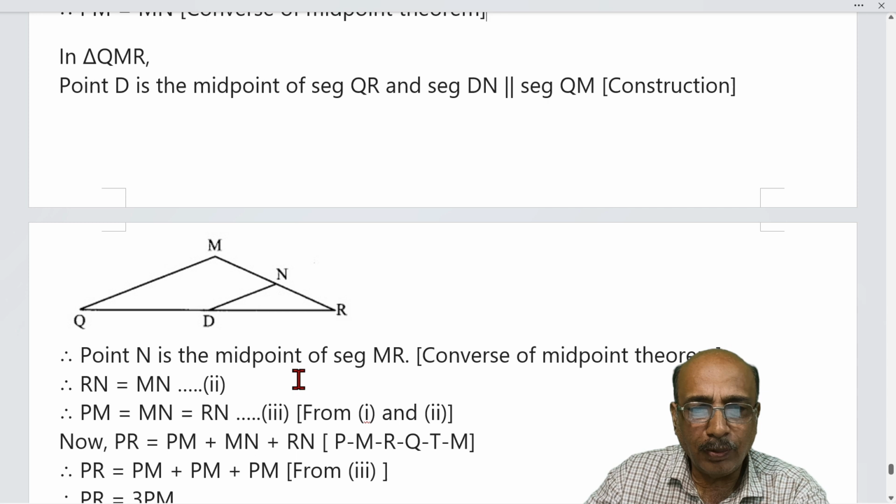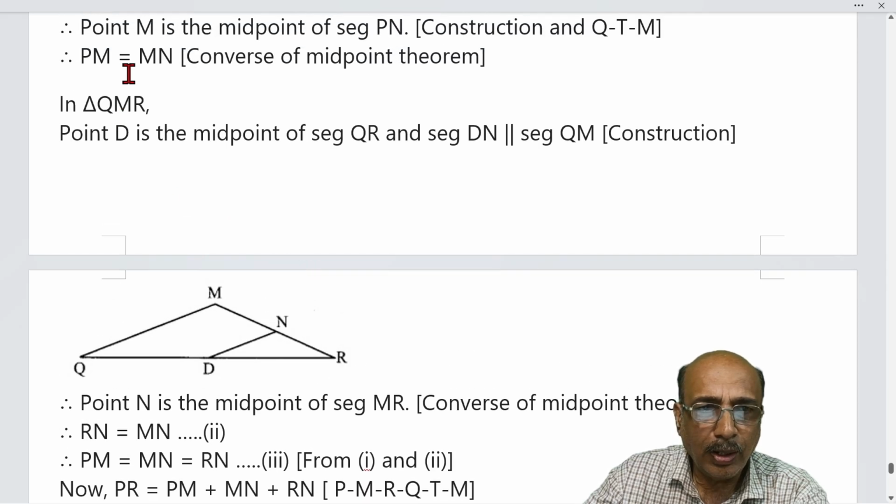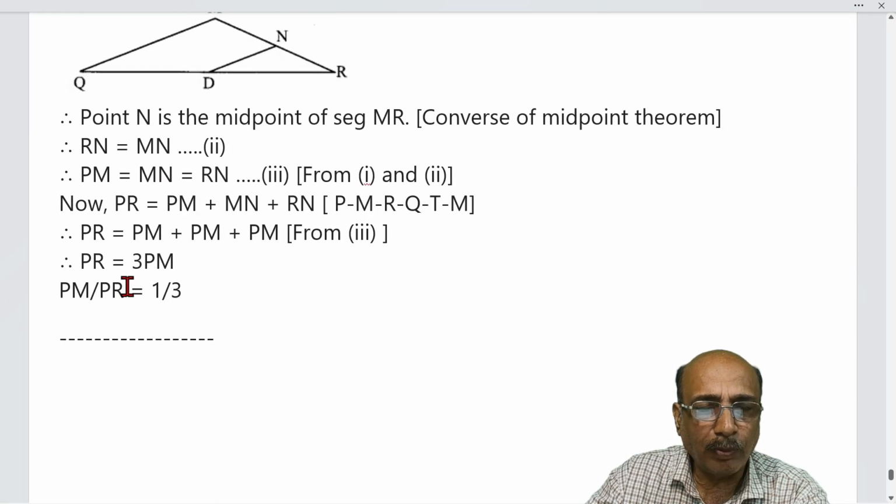Therefore, N is the midpoint of segment MR, by the converse of the midpoint theorem. Therefore, RN equals MN. Above we have seen PM equals MN. Here RN equals MN. Therefore, from these two equations, we say PM equals MN equals RN.